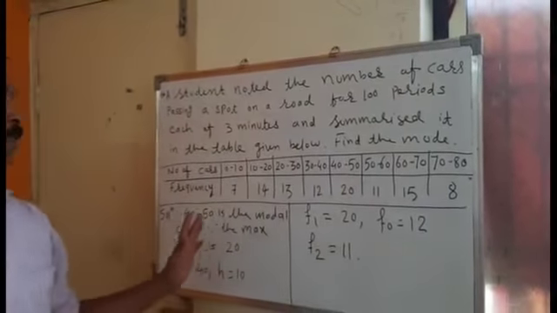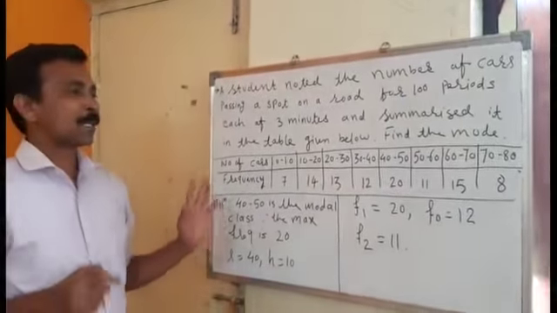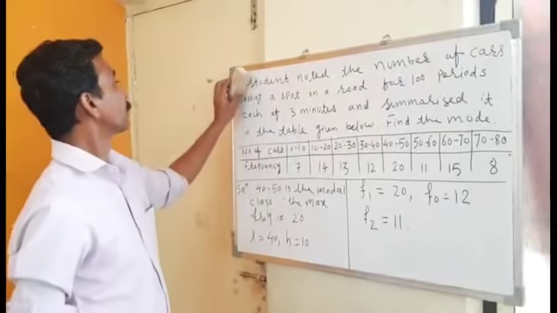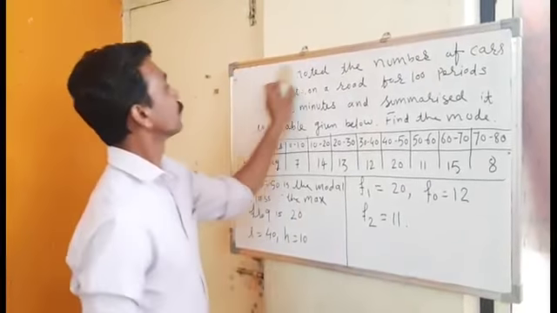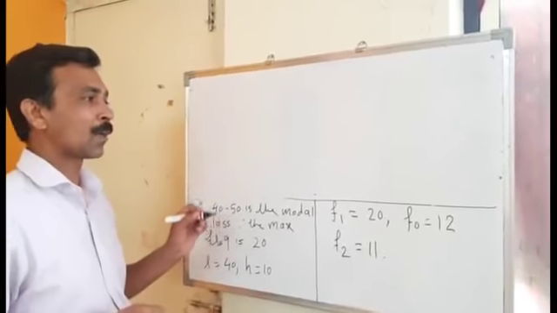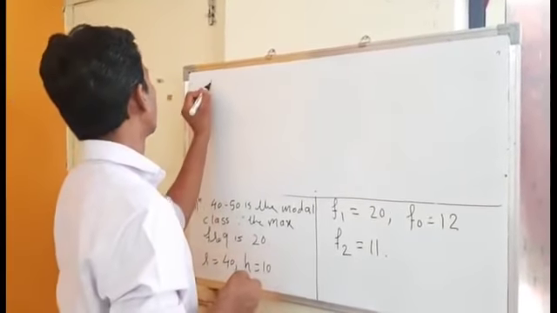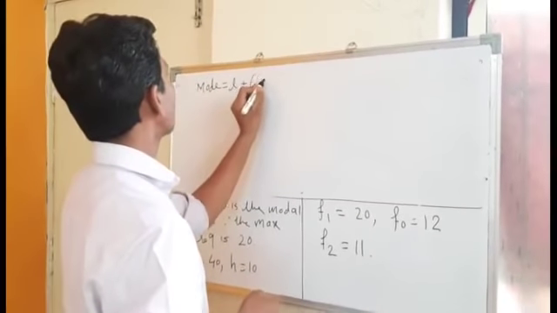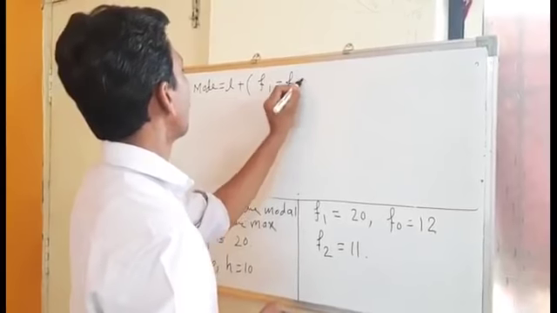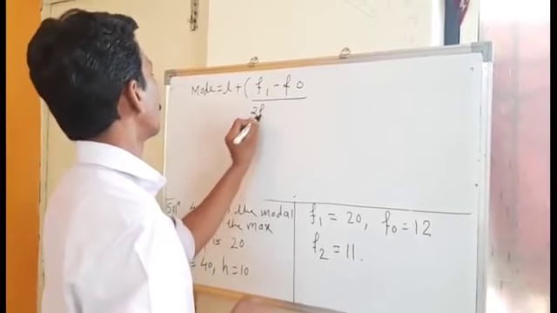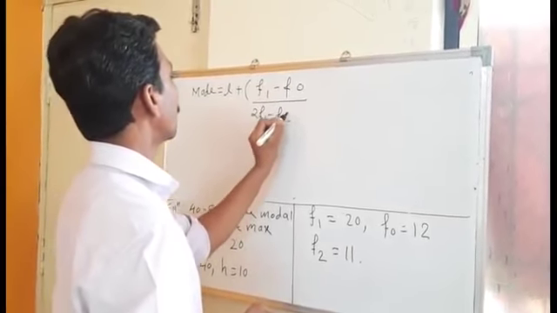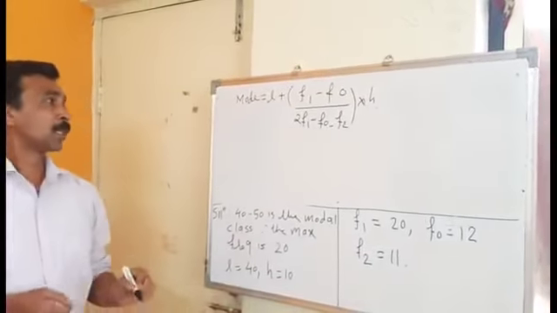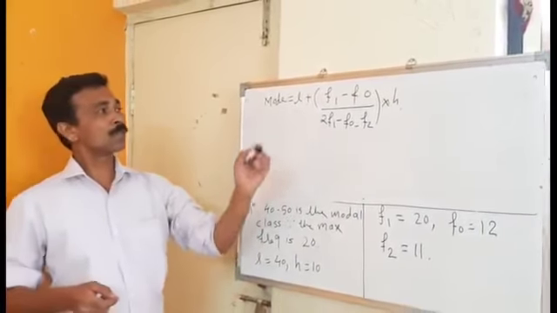Now I will rub this and then I will write the formula and then the method is the same. Now I will write the formula. Mode is equal to L plus (F1 minus F0) upon (2F1 minus F0 minus F2) into H. Now we have to place these values in the formula.